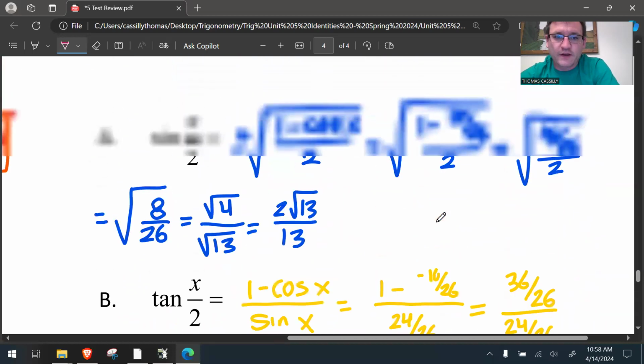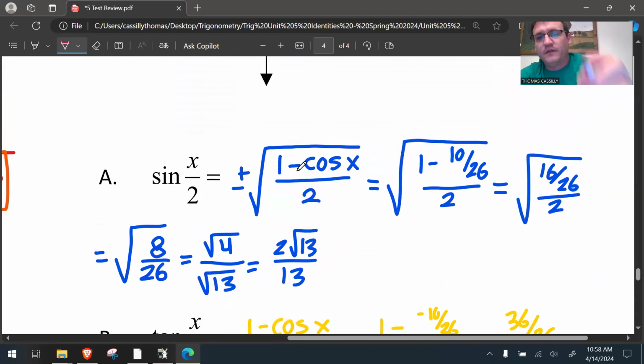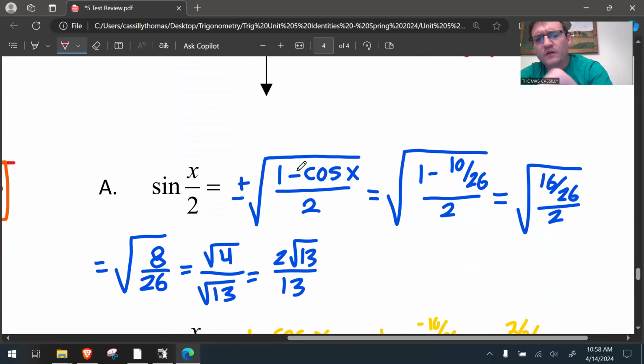That should be correct. I did make a mistake on this one. This should have been a minus sign here, which makes this the 36/26, which makes this an 18/26.